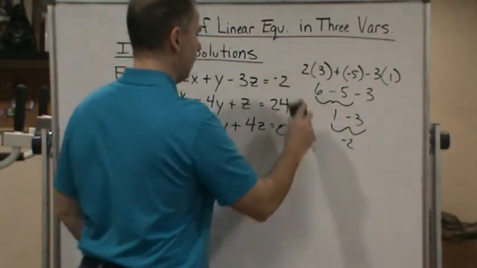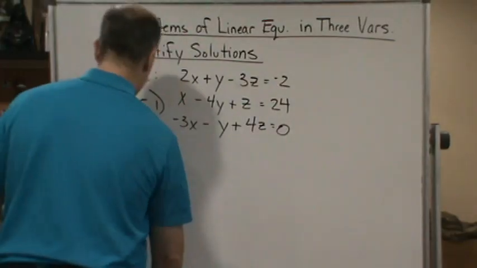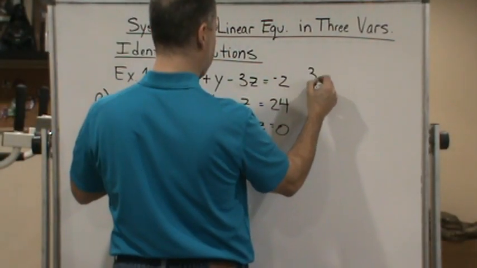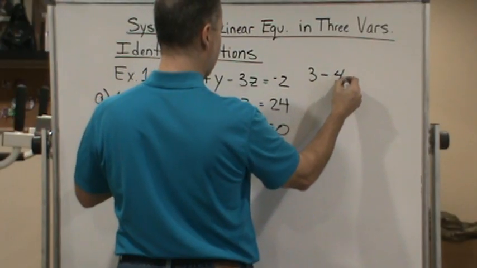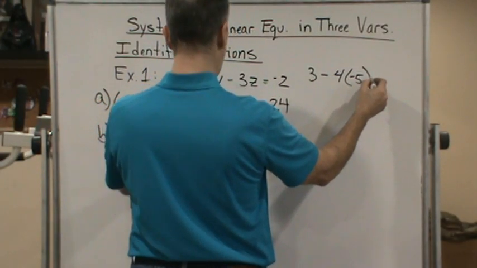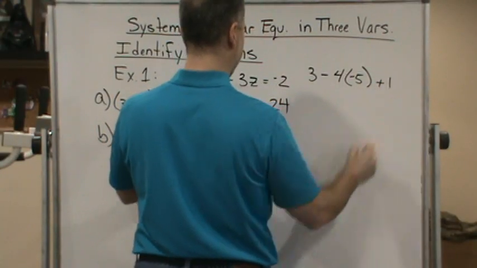Okay, now let's do it again for the second equation. So now we're going to plug in 3, so it's going to be 3 minus 4 times negative 5 plus 1.